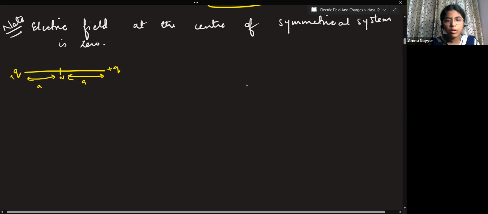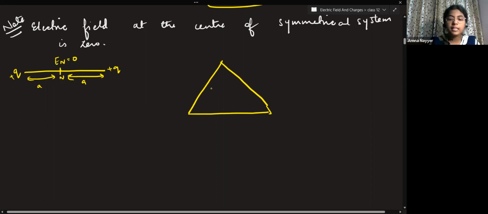If you increase number of lines, let's say if you take a symmetrical triangle system. So here at the neutral point, in this case, electric field will be equal to 0. In this figure, this is plus q, this is plus q, this is plus q. These are 3 points lying on a triangle. The separation between all these 3 are a. All right.